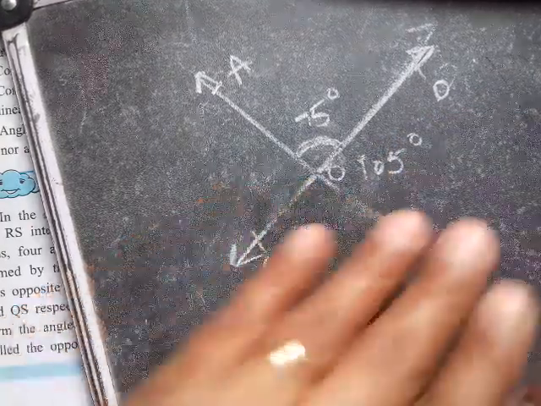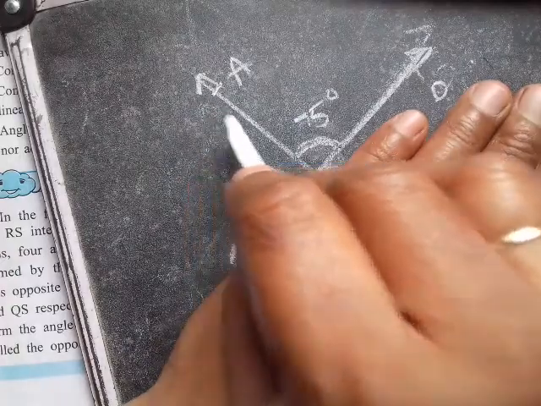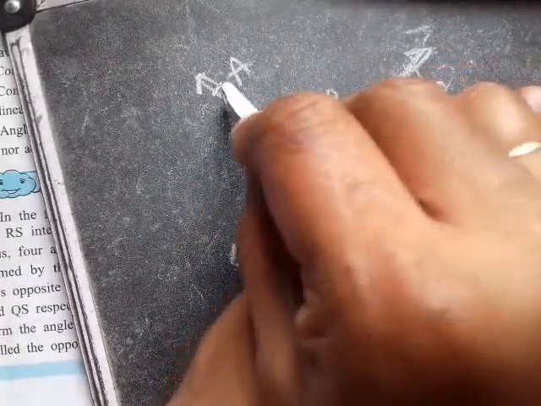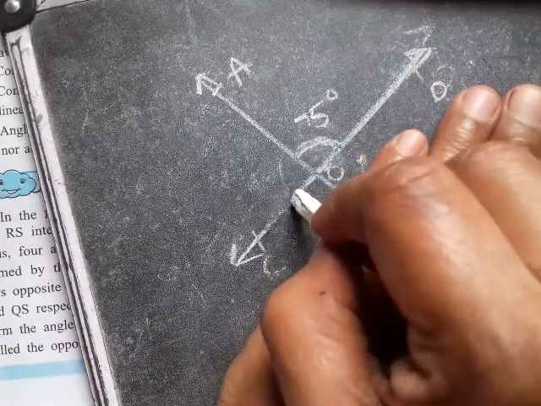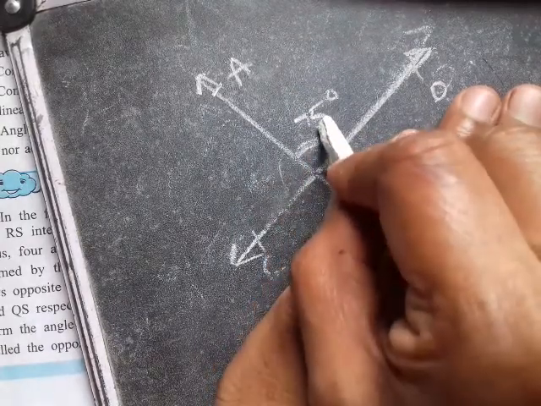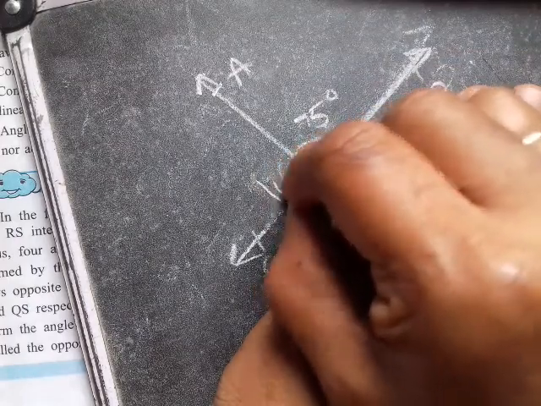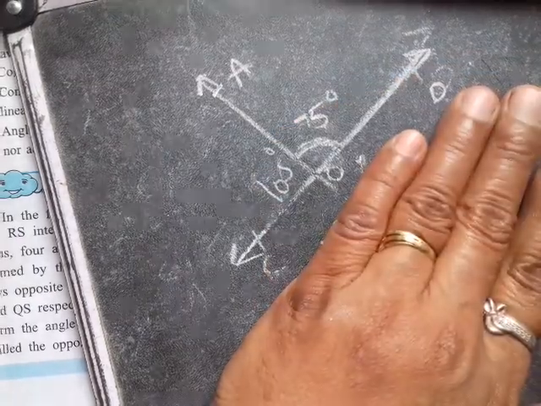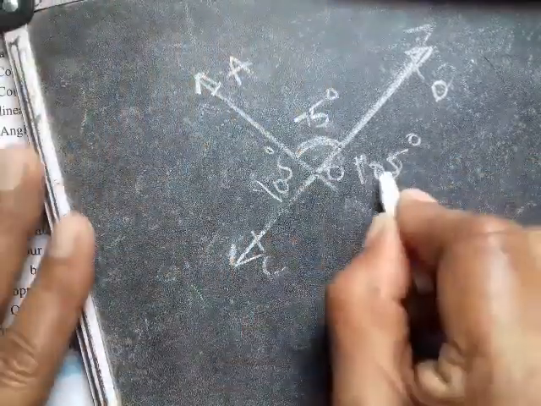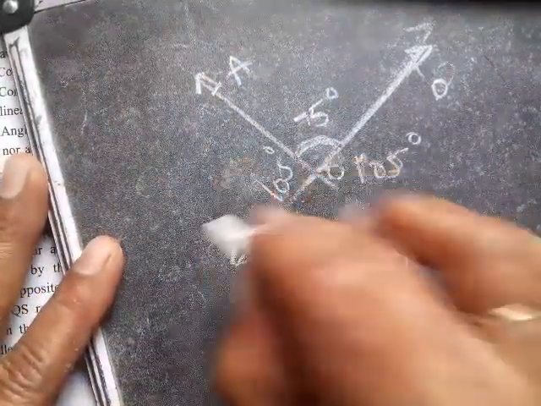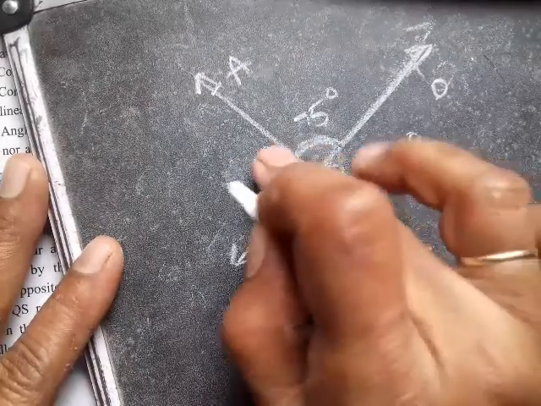One more, observe that angle AOD forms a linear pair with AOC, otherwise a straight angle. Again 180 minus 75, what did we get? 105. Now you check. Here also I got 105, here also 105. Then are both congruent or not?